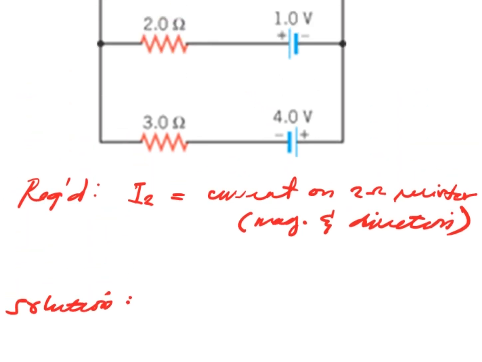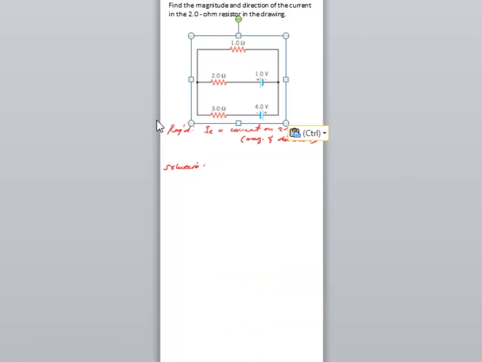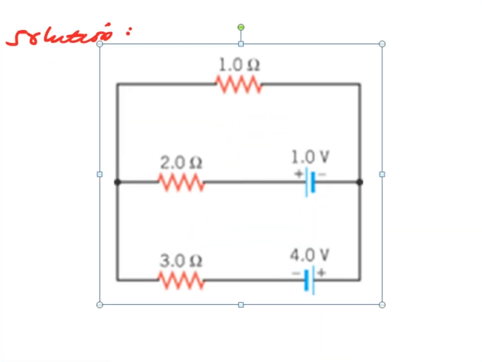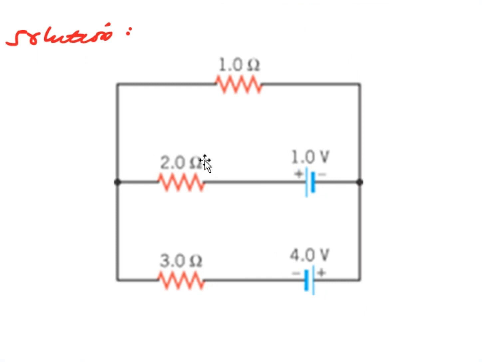So we are asked to find the current on this 2 ohm resistor.